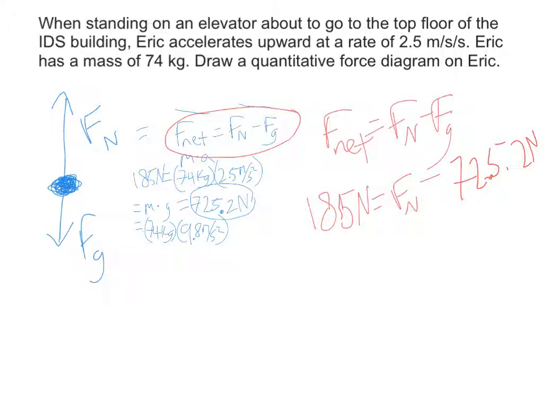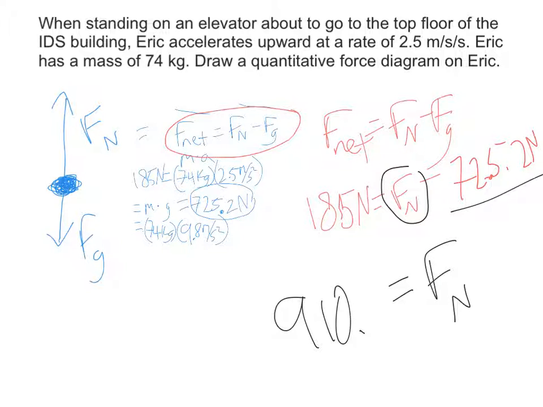In order to solve for the normal force, we have to add 725 to 185. So with your calculator, go ahead and do that. I get that the normal force is equal to 910.2 newtons.